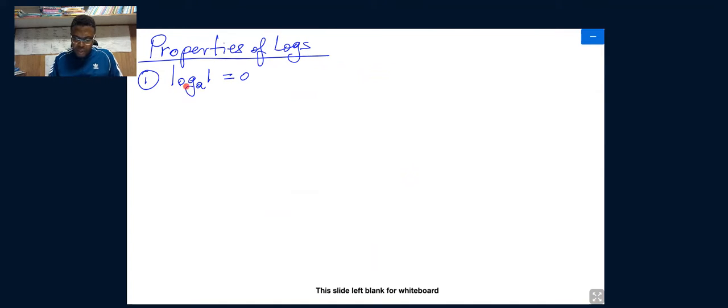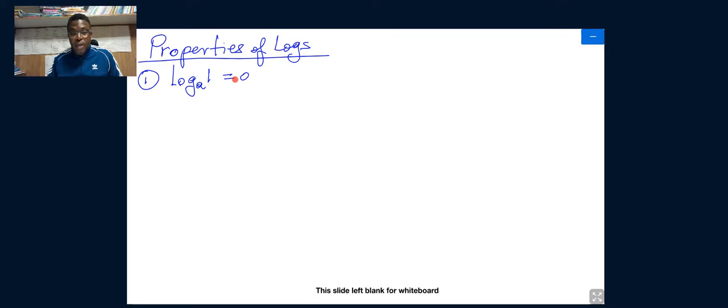So here we have log 1 base a equal to 0. It means we must raise a to the power 0 to get 1, because that is one of the laws of exponents.